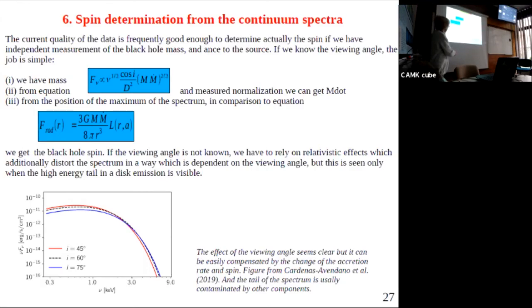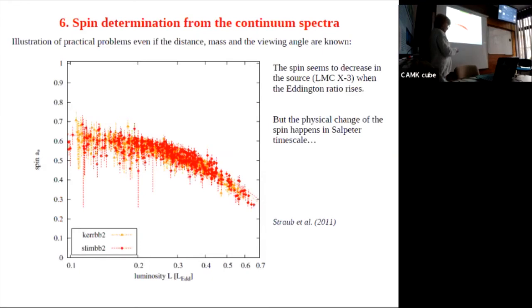It's not doable because usually, as I showed you before, here you have additional components like comptonization, whatever. You don't see that. And even in the optimum situation, sometimes you have problems.